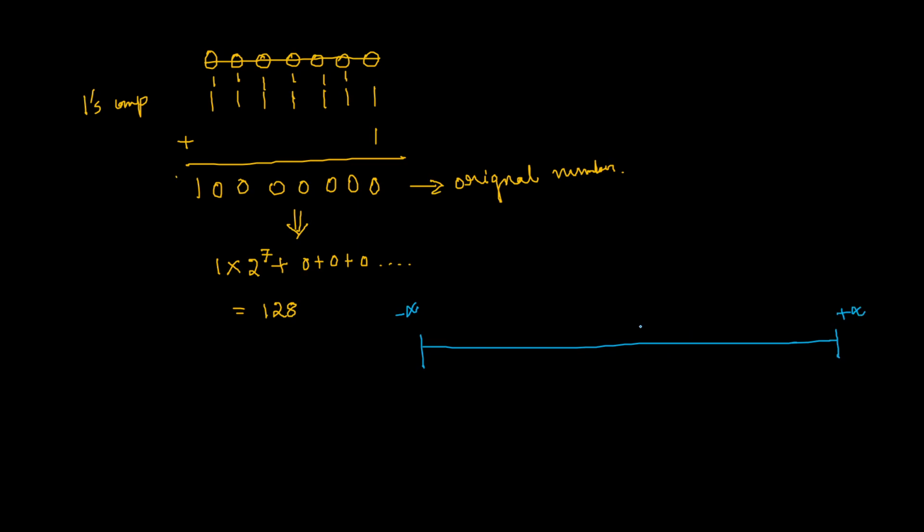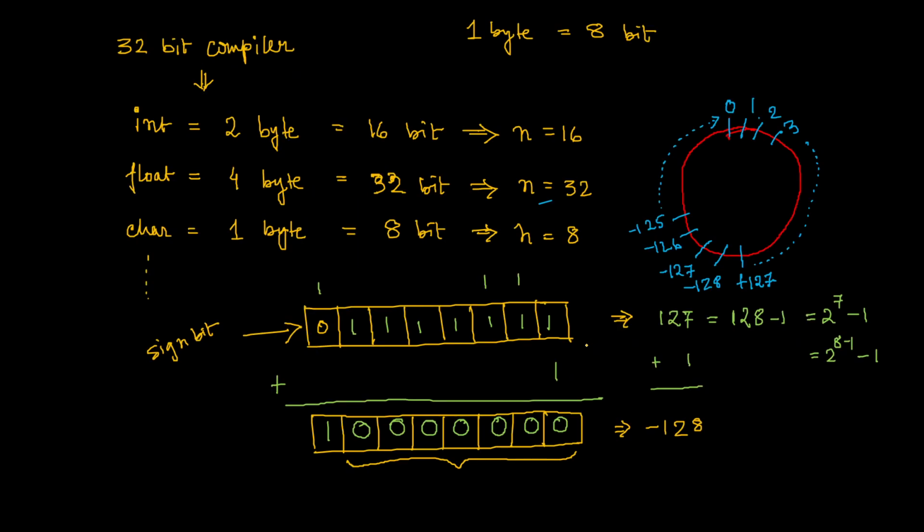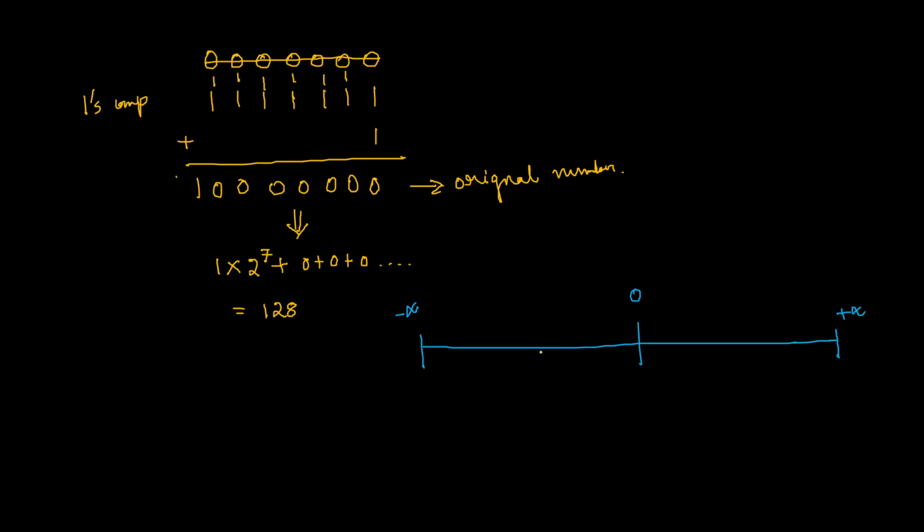And if I consider this is 0, then in case of signed number, so suppose signed char number, the range is from minus 128 to plus 127. This is the range.